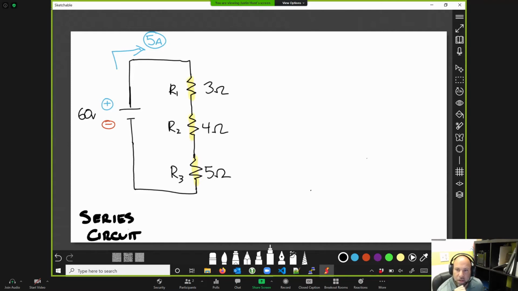Let's take a look at R1, for instance. It's a 3 ohm resistor, and we're curious about how much voltage, how much pressure is pushing across this resistor. Well, we can still use V=IR for that, but we're going to modify it just a bit. Because we're dealing with resistor 1, or what we've named R1, instead of V is equal to IR, we're going to use the subscript V1 is equal to I1 times R1.